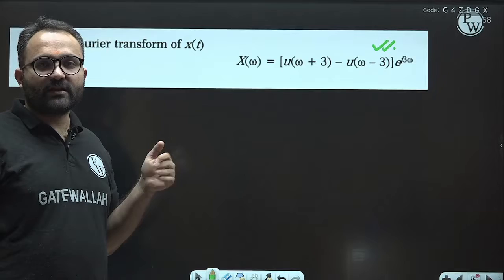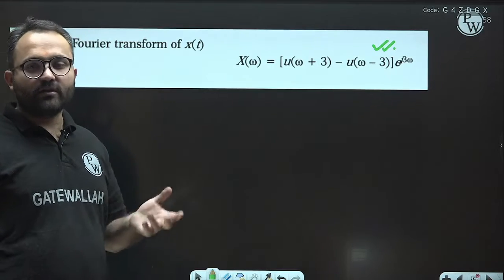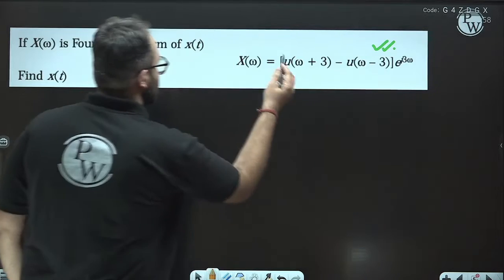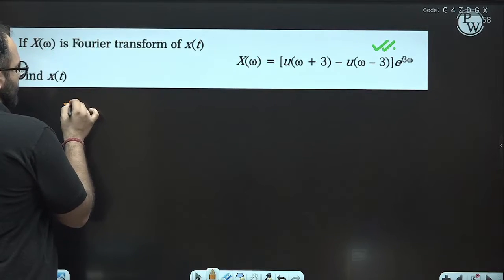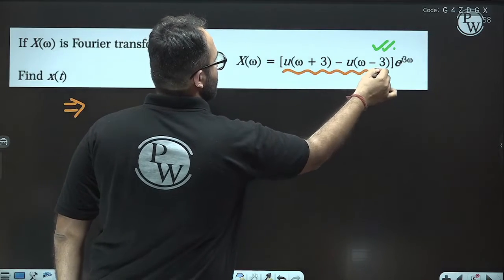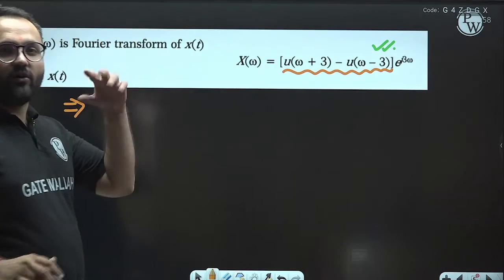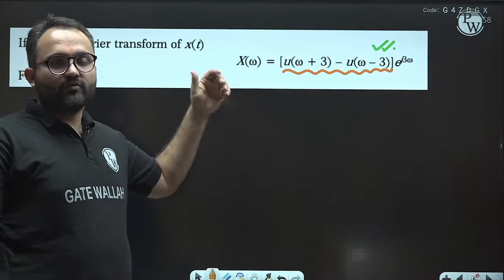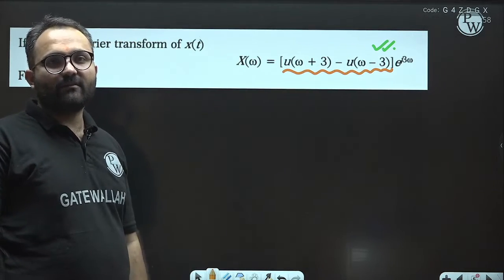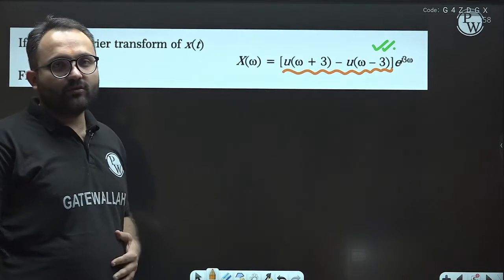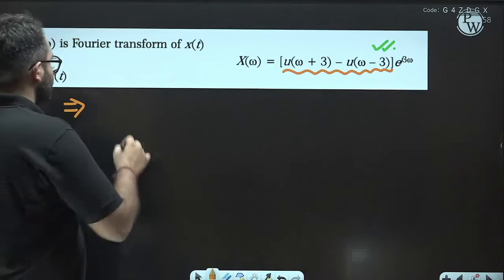We will be using case 2, that is the inverse Fourier transform formula. The Fourier transform given to us is u of omega plus 3 minus u of omega minus 3. We all remember that u is a unit step function. So u of omega plus 3 minus u of omega minus 3 will be a rectangle from minus 3 to 3 in the omega domain.